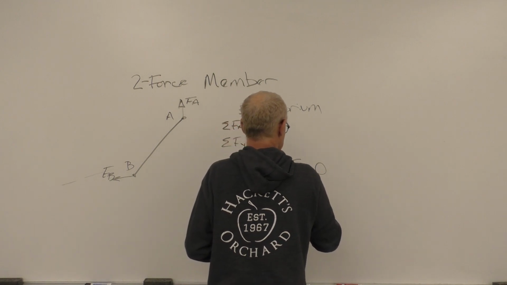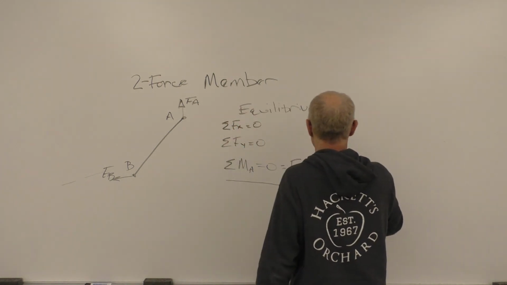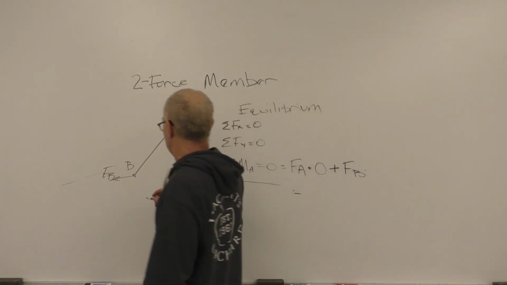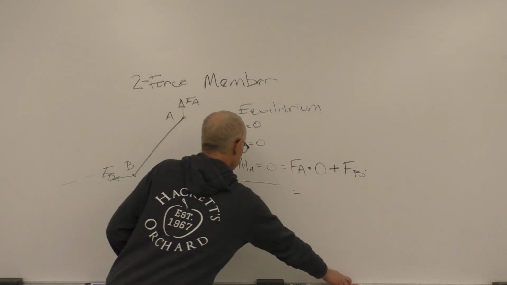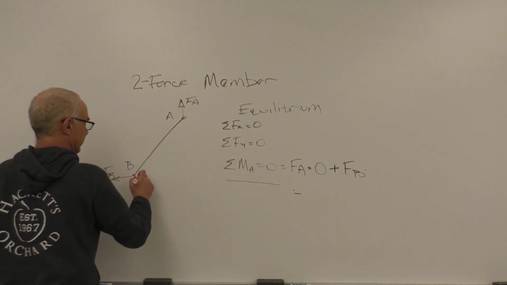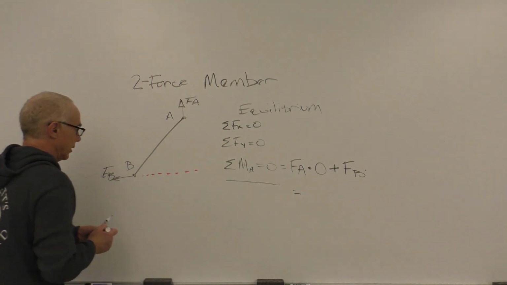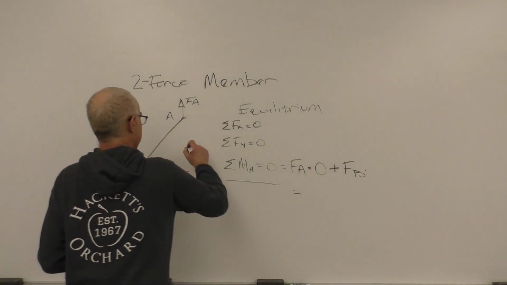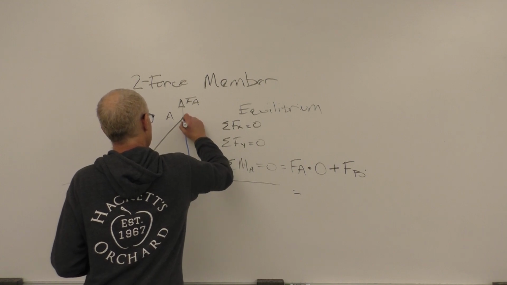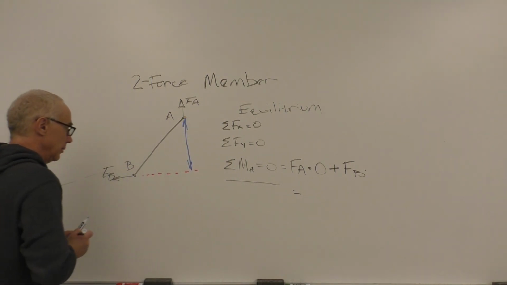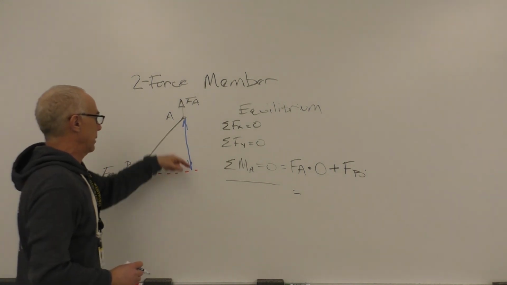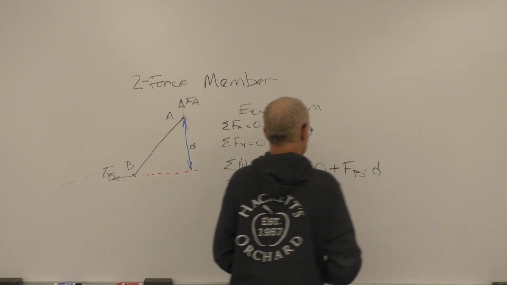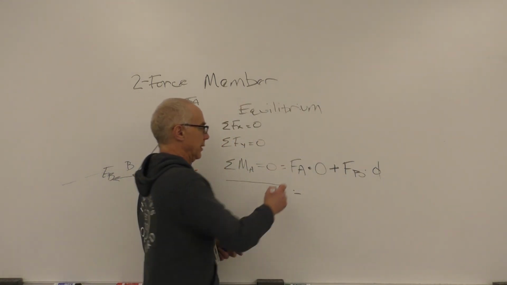So I'm going to add on over here, plus f of B times its perpendicular direction. We can find the perpendicular direction. We can do some algebra. We can do some geometry. So here's the line of action of B, and we can find its perpendicular distance here, and we would have f of B times this value here, which we'll call D. But you see that in order for this to be 0, well, this is obviously 0.